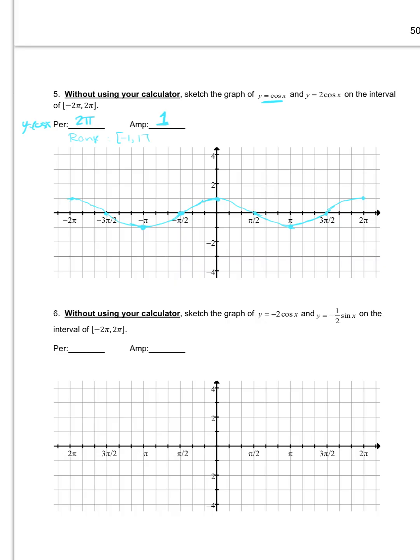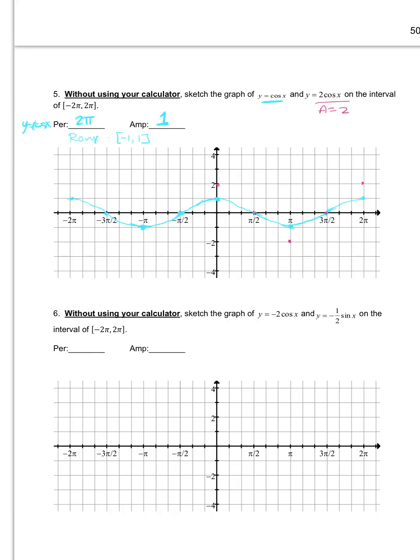Negative 1 to 1. All right, on the other graph, we have A equals 2. Let's just plot the points real quick, and then you're going to graph it. I'm going to start at the max, come down to the midline, then to the minimum at negative 2, then back to the midline, then up to the max at 2.